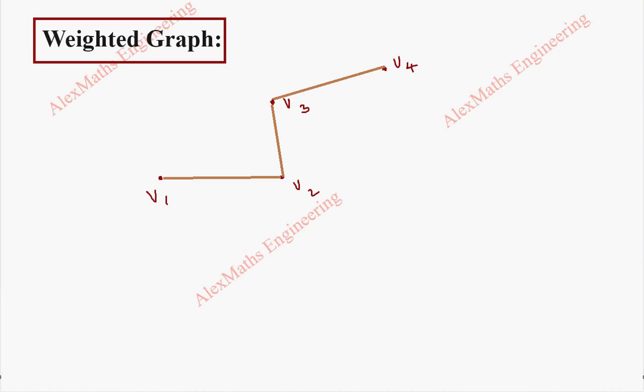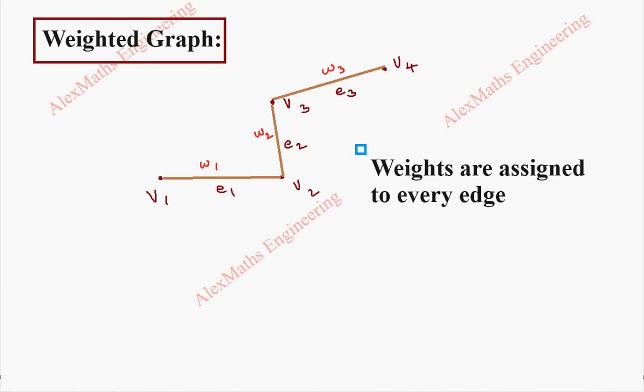Along with that, we also give some weights: for edge E1 it is W1, this is W2, and this is W3. So for every edge a weight is assigned. Such a graph is known as a weighted graph, and these weights are nothing but numerical values.